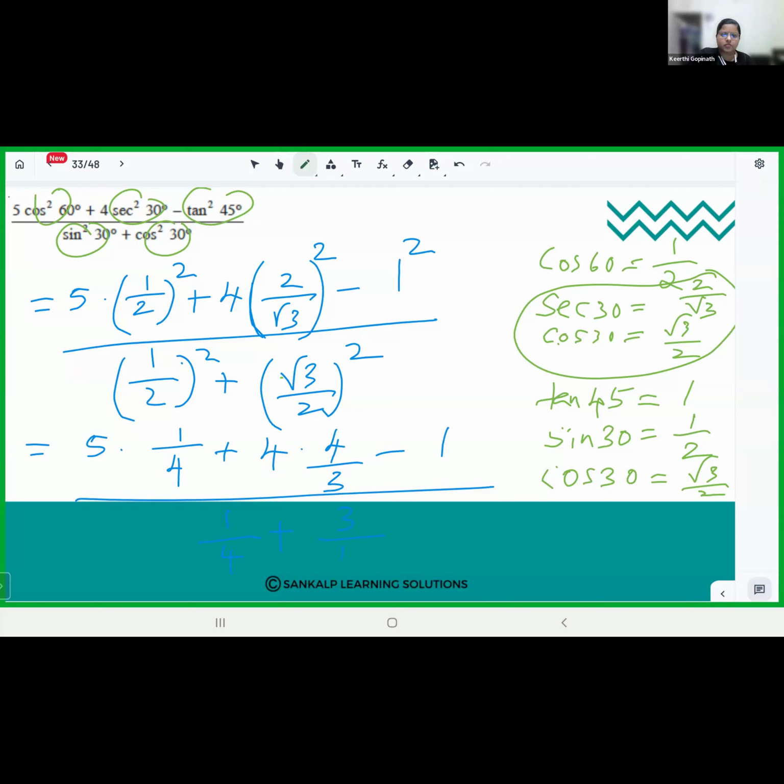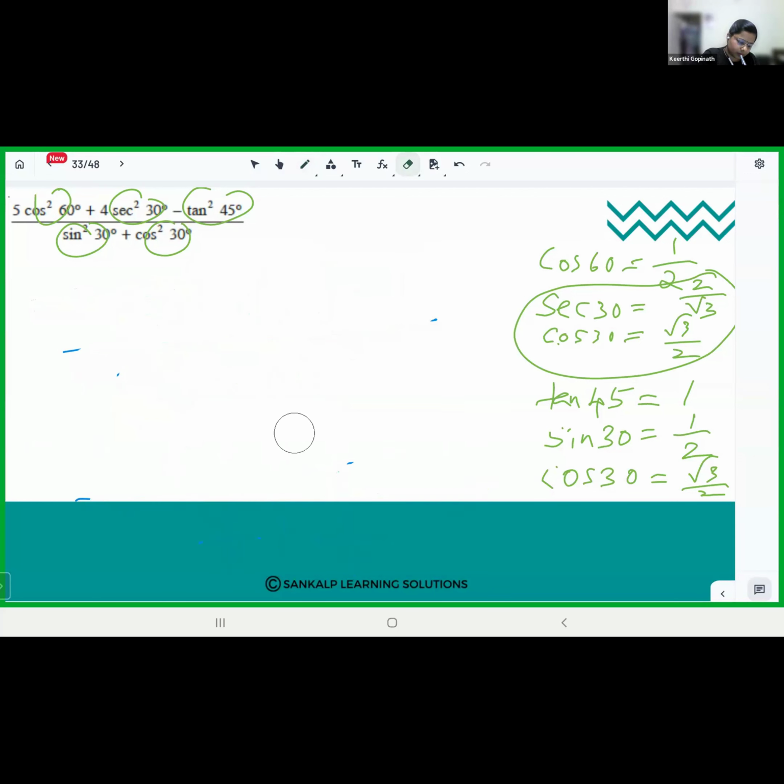So it is 3 by 4. 1 by 4 plus 3 by 4. Alright, so we can write this as 5 by 4 plus 4 into 4 will become 16, 16 by 3 minus 1 divided by 1 by 4 plus 3 by 4.